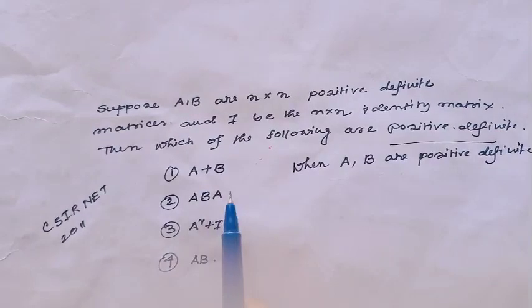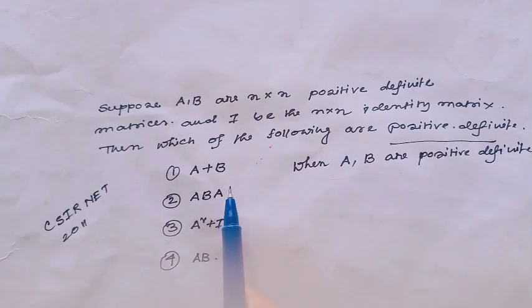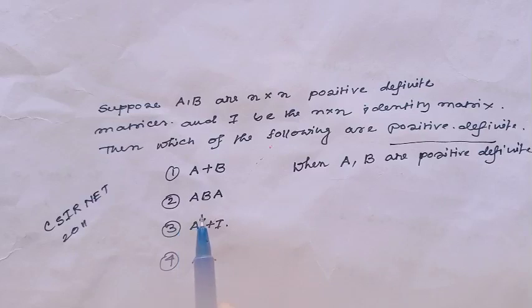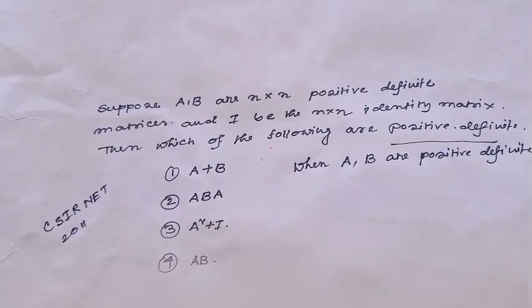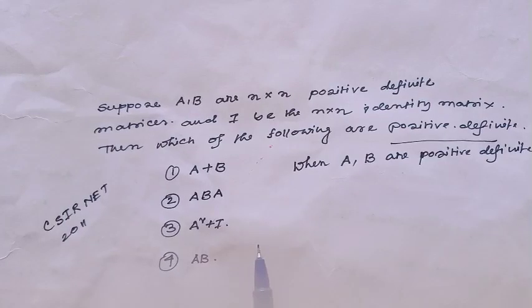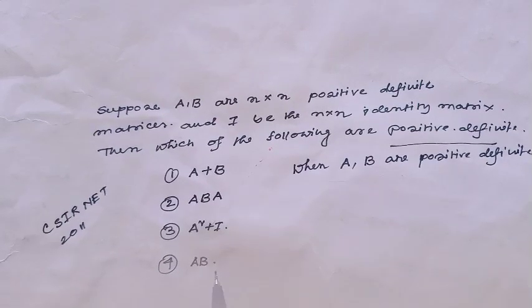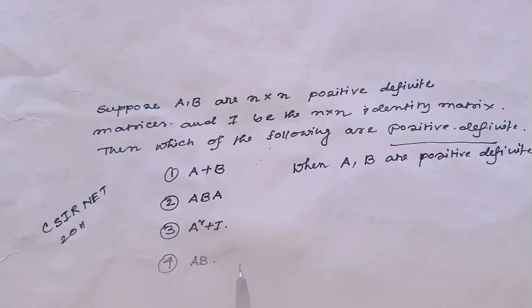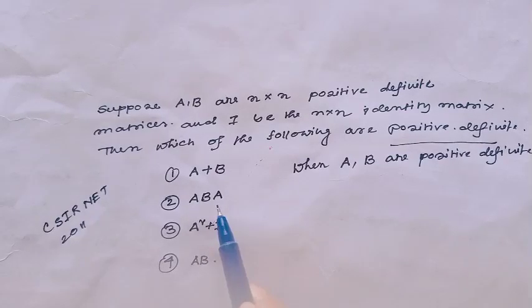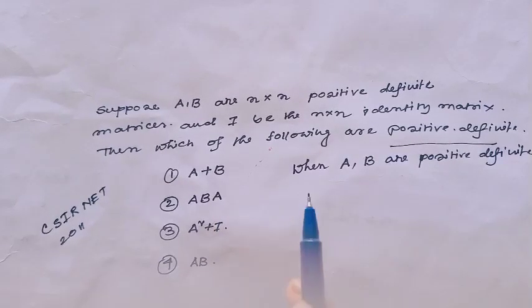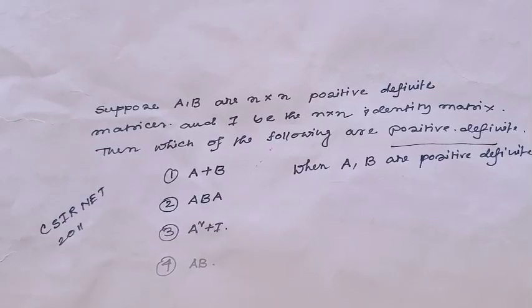Option 1, A plus B is positive definite. Option 2, ABA is positive definite. Option 3, A square plus identity is positive definite. And option 4, AB is positive definite. Which of these is positive definite when A and B are both positive definite?